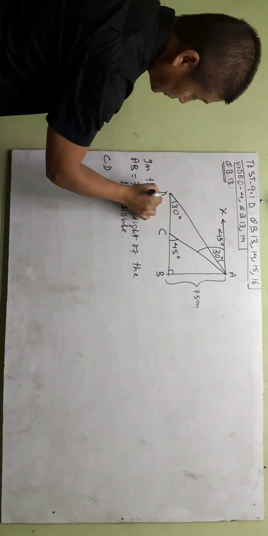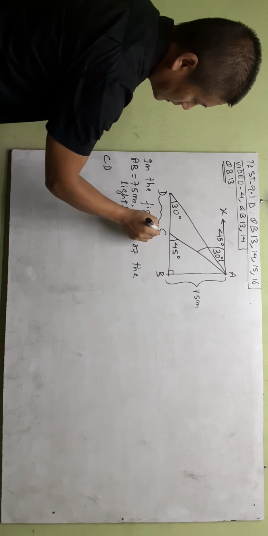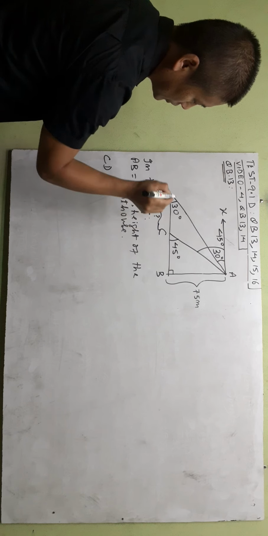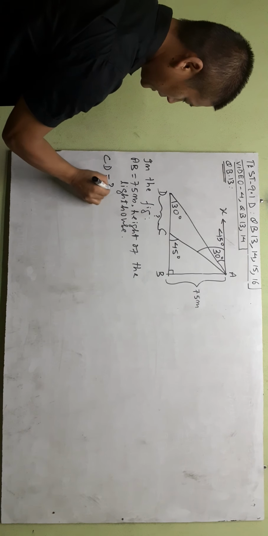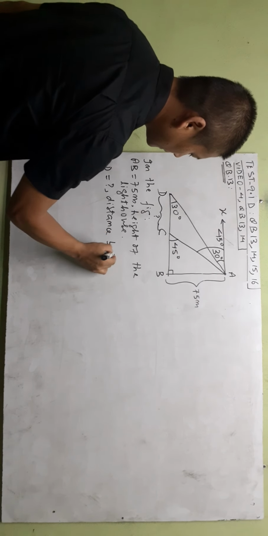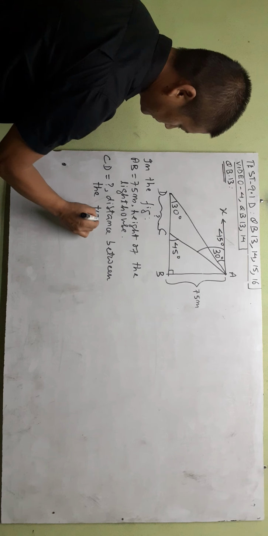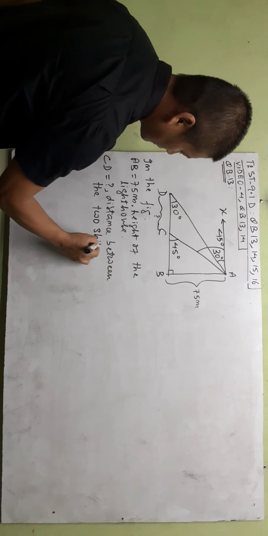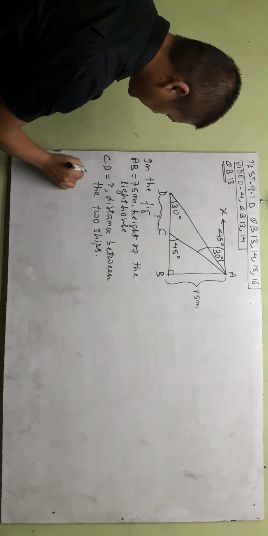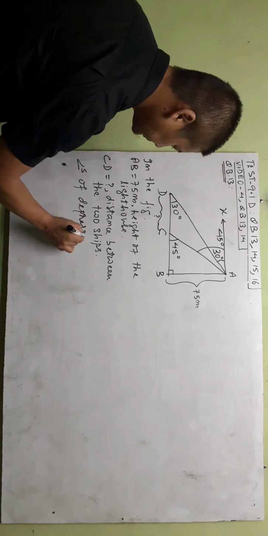Okay, the distance between the two ships is this one, CD, and the question is asking us this distance, question mark, equal to question mark is the distance between the two ships, and the angles of depression. Okay, right along with the video, okay?